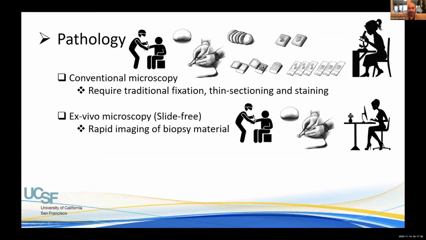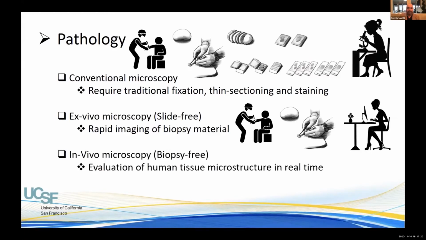Ex vivo microscopy, or slide-free microscopy, is a very rapid way: you can examine the tissue microscopically right after taking the sample. The other way is in vivo microscopy, where you don't even need a biopsy.